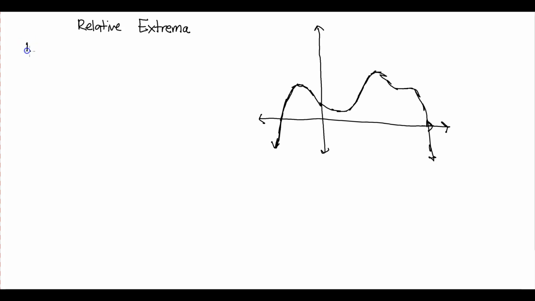And to find those, first you have to find your critical points. Take the derivative of f of x, we have f prime of x, and set it to 0, or find what values of x make it undefined.